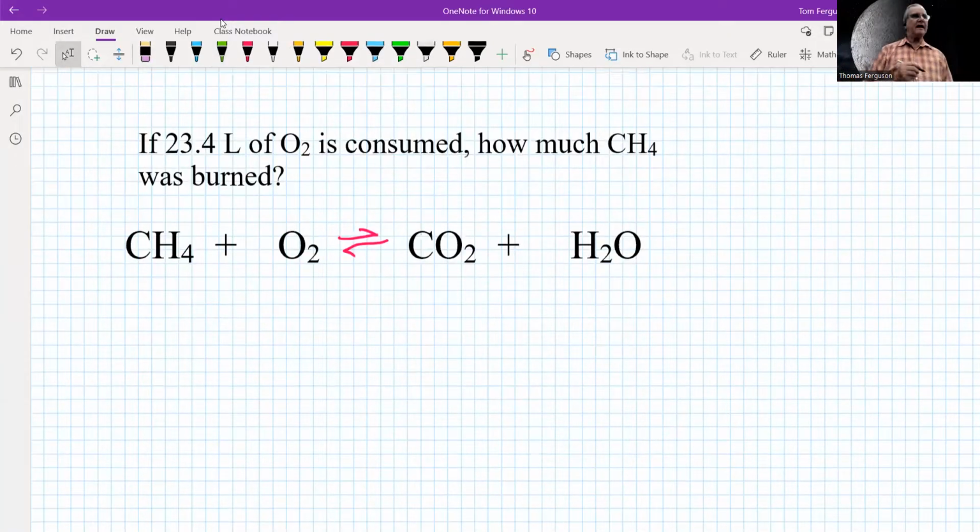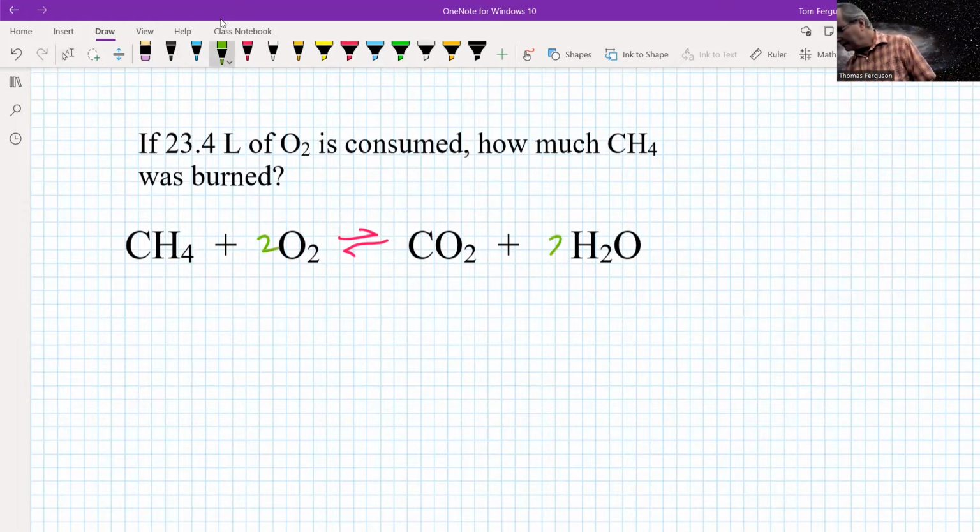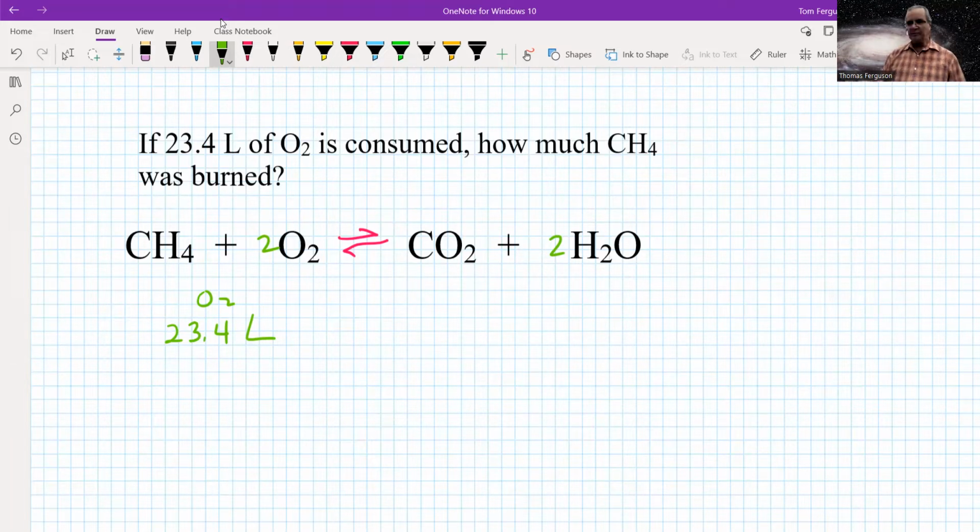And let's do something with gases now. Okay, given 23.4 liters of oxygen, if all the oxygen is consumed, 23.4 liters of it, how much methane is required to burn that much? Or how much methane is used up?